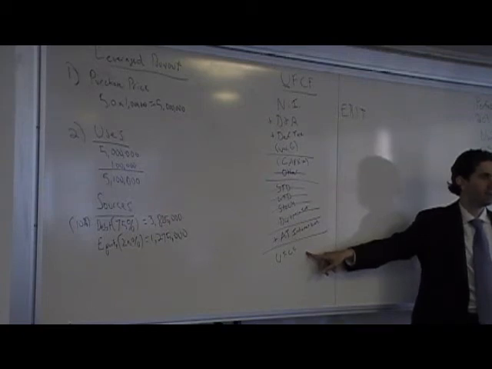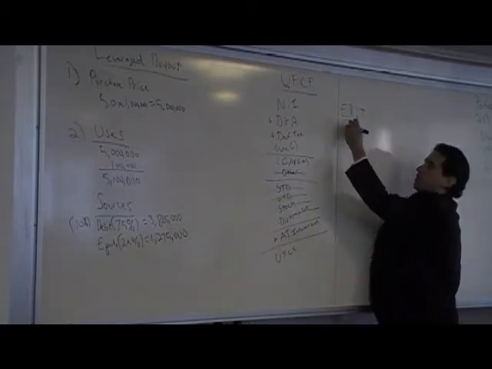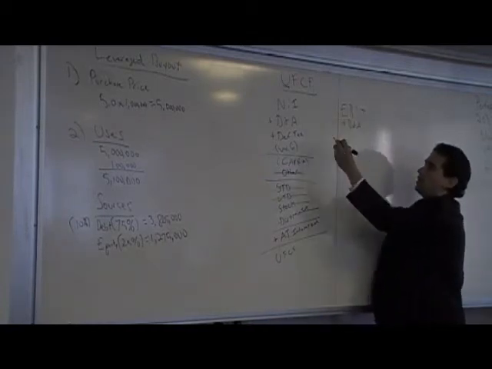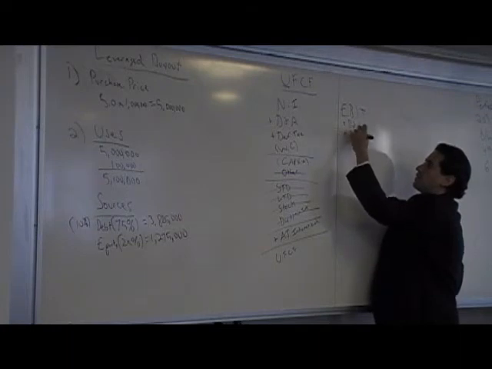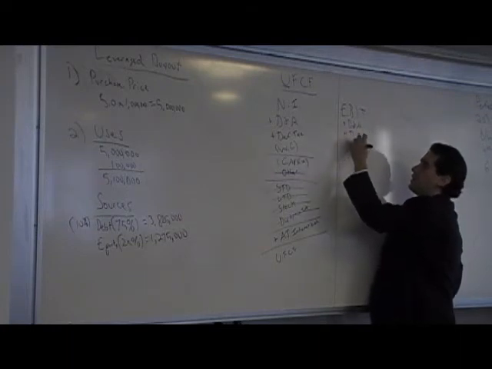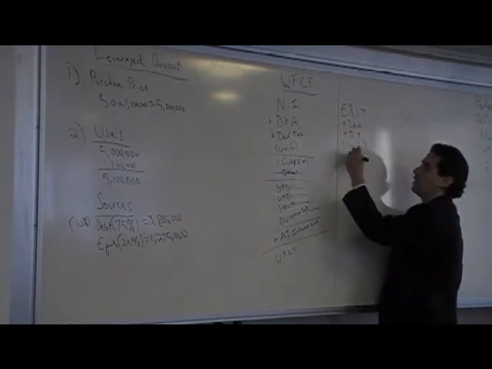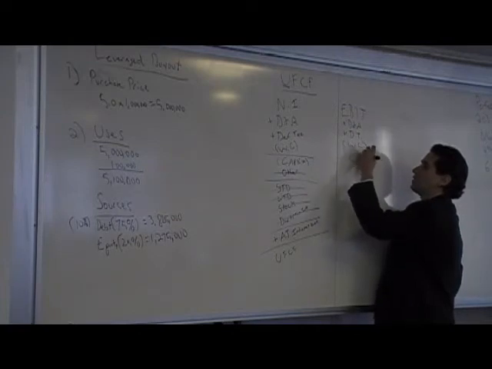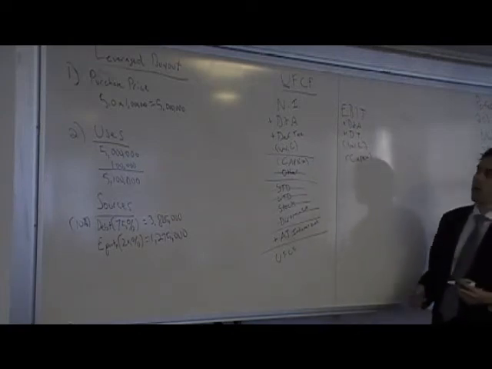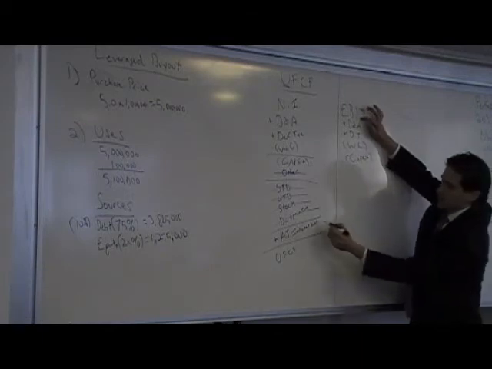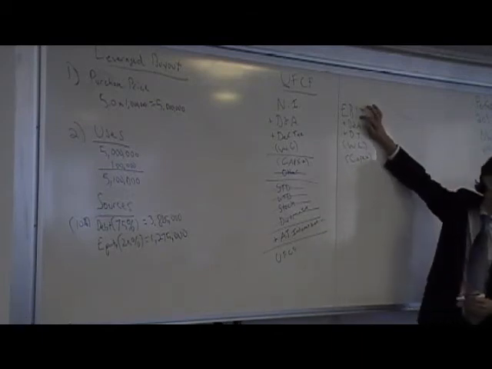You would still add back depreciation. You would still add back deferred tax. You would still make adjustments to your working capital. You would still change CapEx. But this is already before interest, so you don't need to do this. It's already before interest.